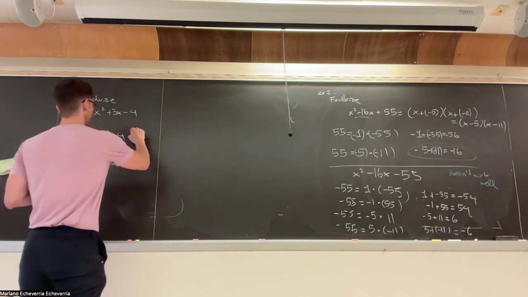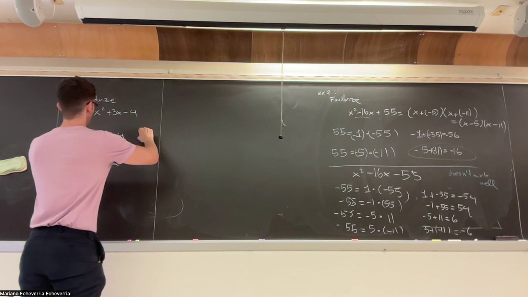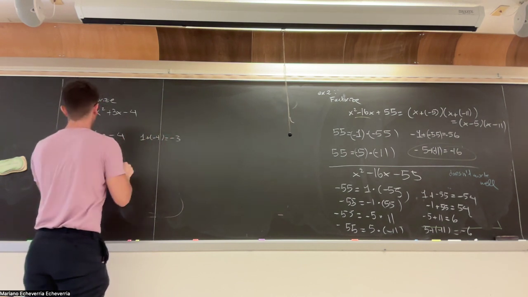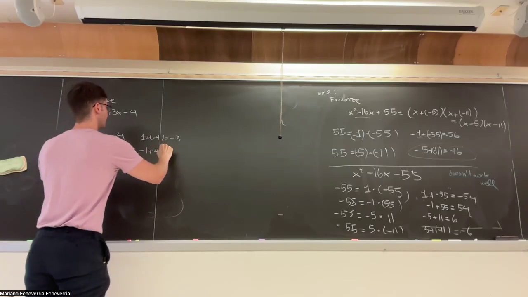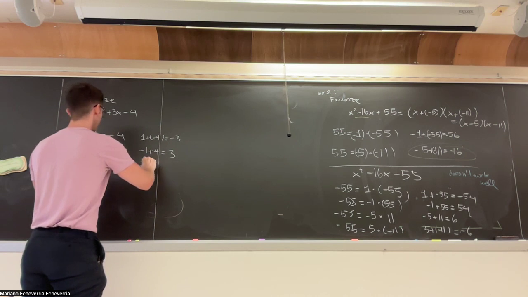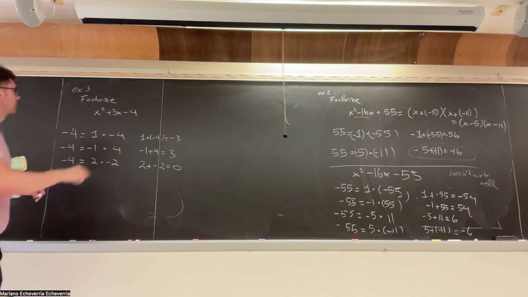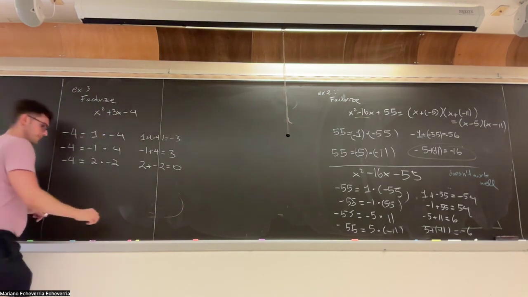And here, when you add them, you get 1 plus -4, which is -3, then -1 plus 4, which is 3, and then 2 plus -2, which is 0, right? So we wanted the one with 3.